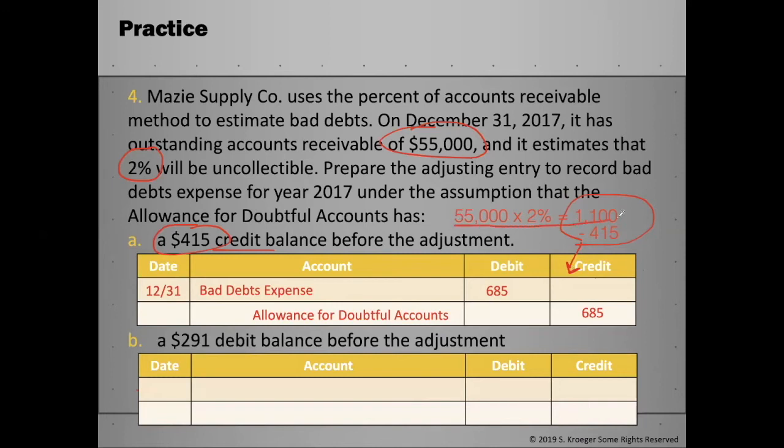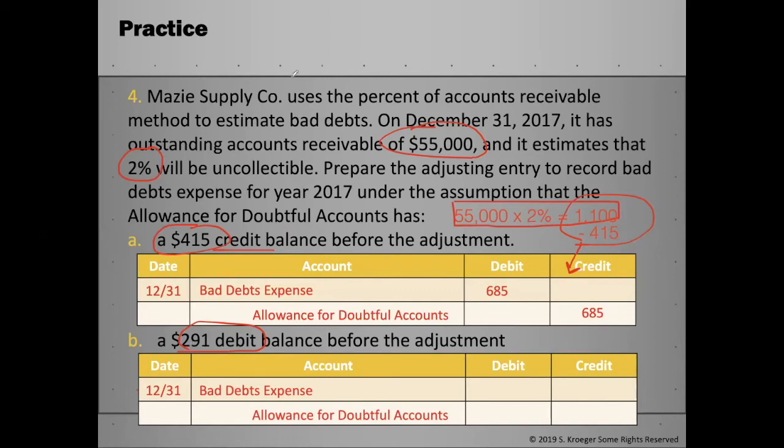We still do 55,000 times 2%, which equals 1,100. We will then have to look at this balance to see what the amount is that we journalize. The accounts are still the same. It is still 12/31, still a debit to bad debt expense, and still a credit for allowance for doubtful accounts. The only thing that's going to be different is the amount.